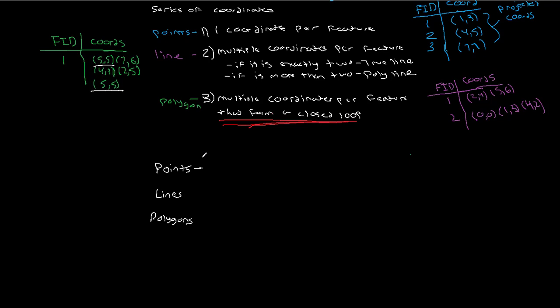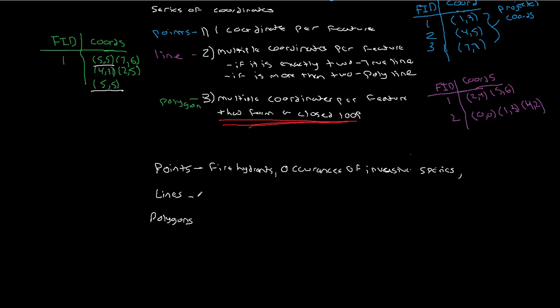Some examples of point data: point data is usually used to capture things like fire hydrants. You might see it used to capture occurrences of vegetation, of invasive species. Generally speaking, anytime you have one coordinate or best representing something as a single location, you're going to use points.